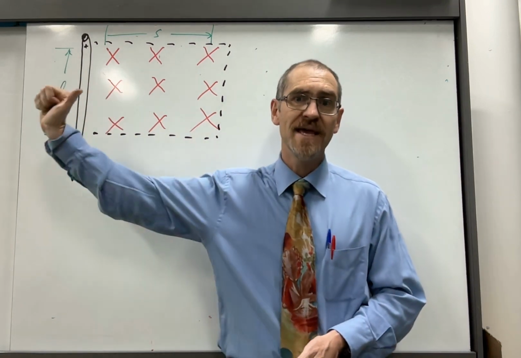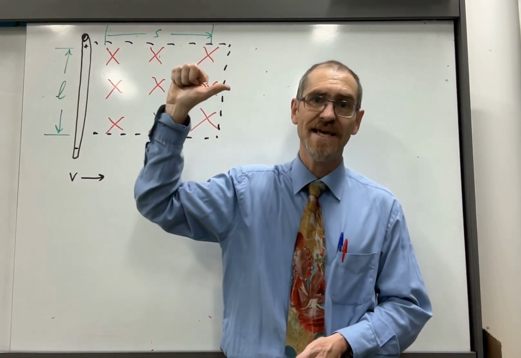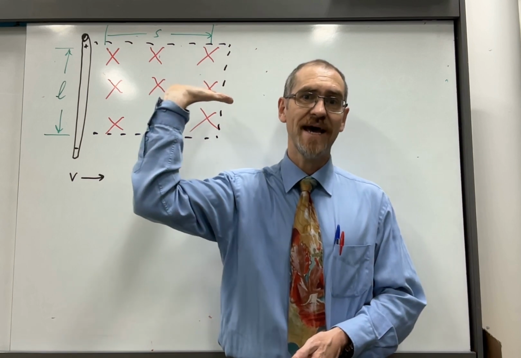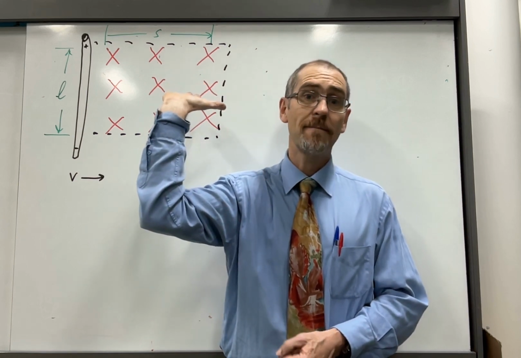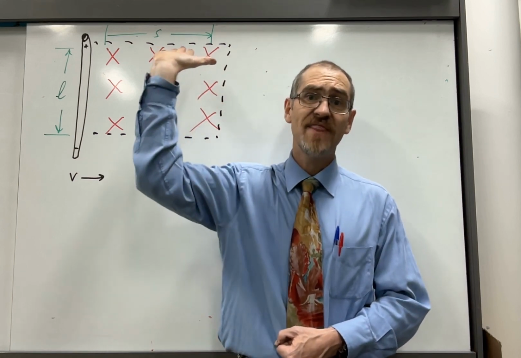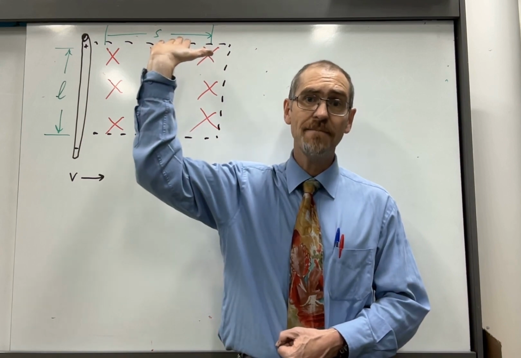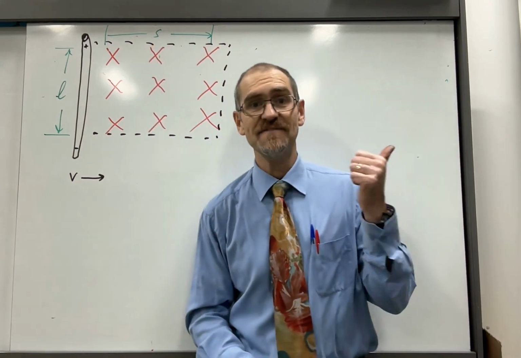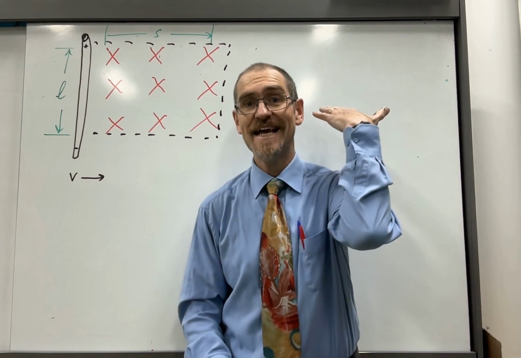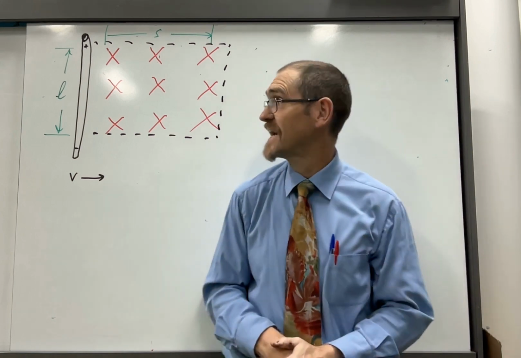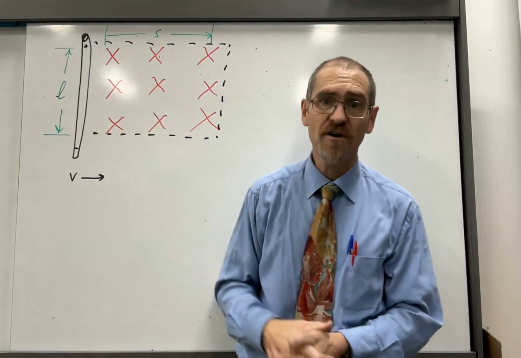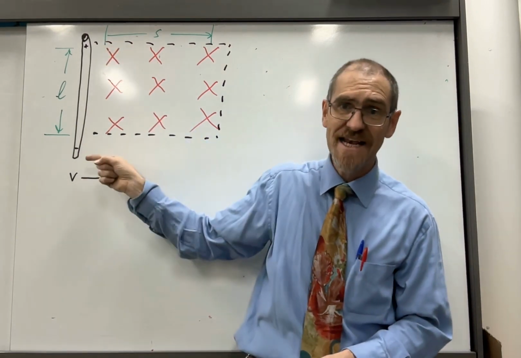So our thumb is moving to that side of the page. Fingers into the page because that's where the field is, and so our palm is pointing up, which indicates that the positive charges will be pushed up. And if we were using our left hand for the negative charges, they would be pushed down, which indicates that our polarity for the voltage would be positive at the top and negative at the bottom.